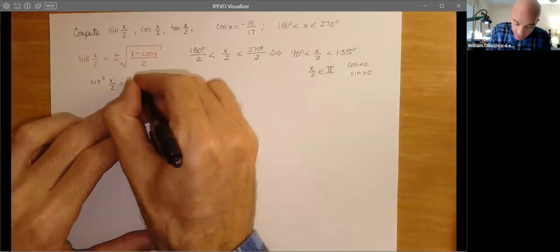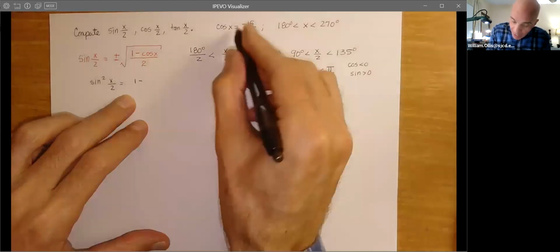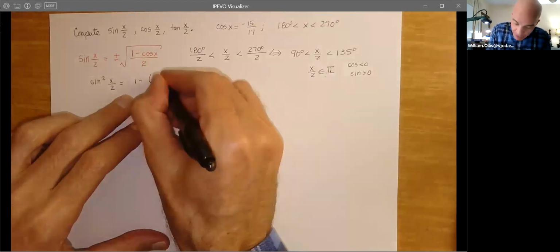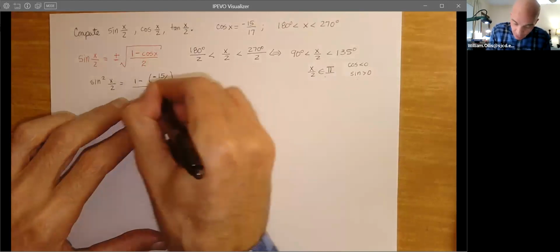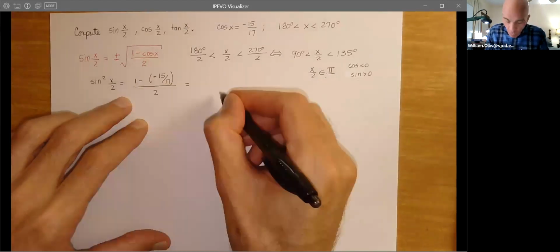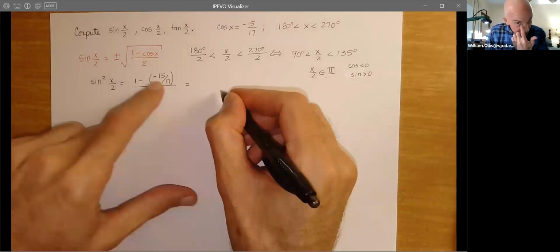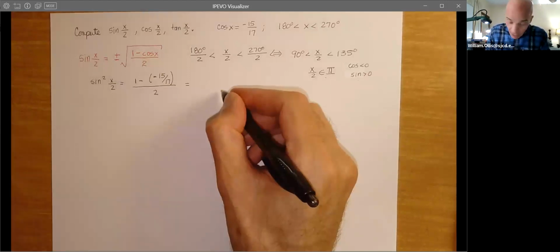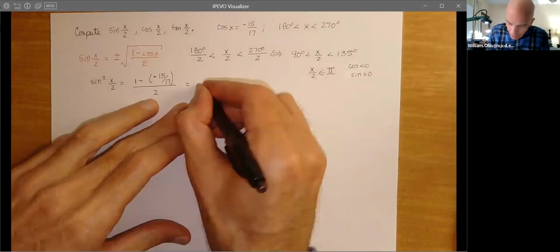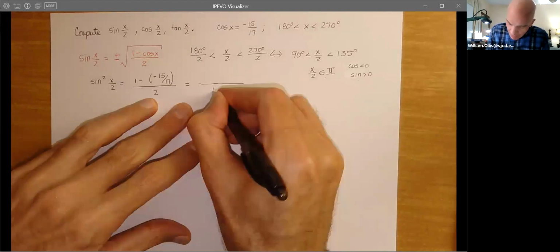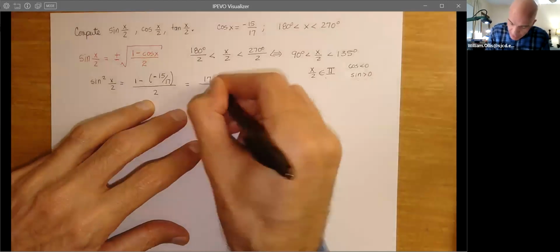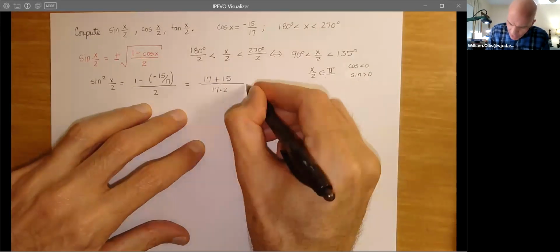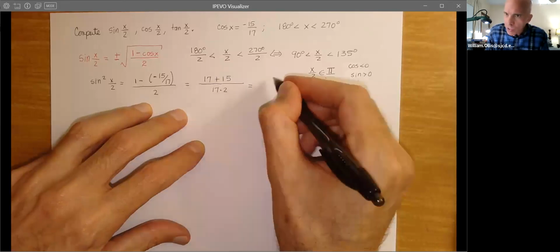So now what do we need? We need 1 minus, well, cosine is what? Negative 15 over 17, divided by 2. Well, okay, so that's plus minus minus, so that's a plus, but we need a common denominator. So we have a 17 times a 2. So this gives us a 17 plus a 15. Addition is really odd how it works out.